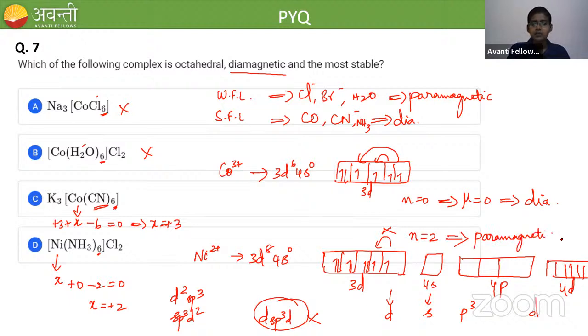So the only diamagnetic complex among the 4 given options is answer 3. The answer is option 3, and that is the most stable complex. Clear? Any doubt?